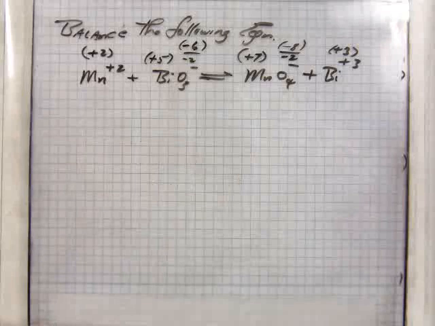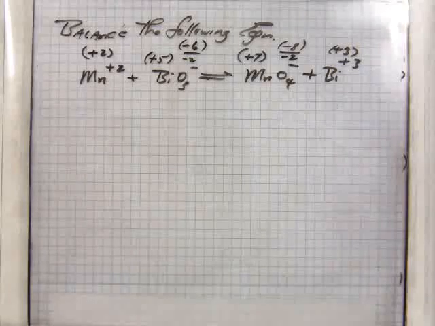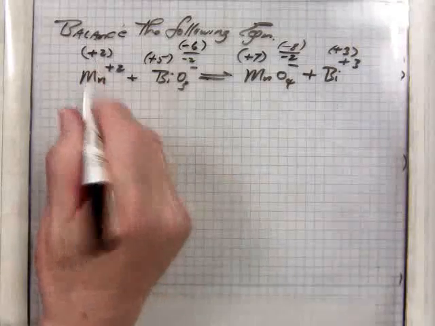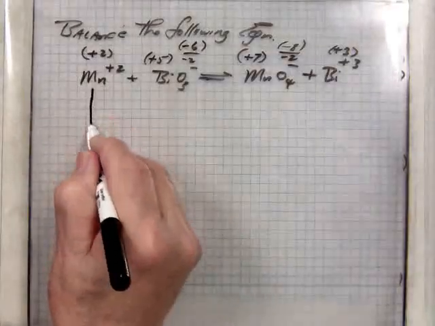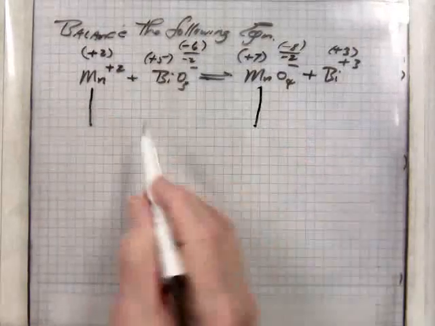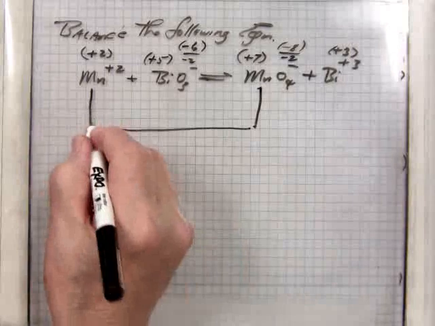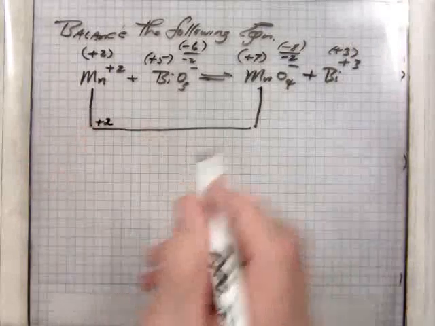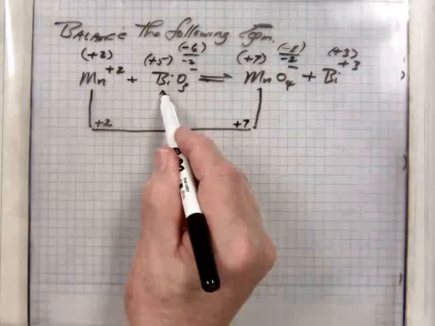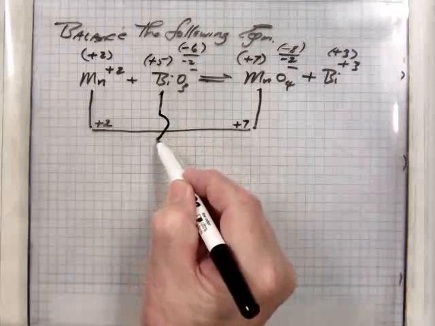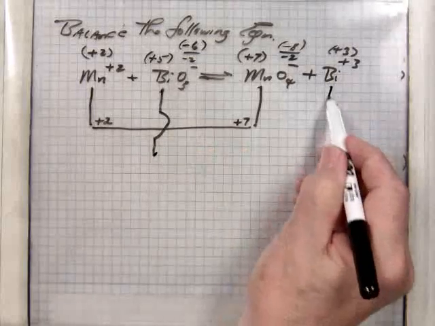Now, like I showed you in the notation when I was defining the different parts of the oxidation reduction reaction, I will look for what has undergone changes in oxidation state. Determine change per atom is what it's showing here. So manganese is undergoing a change, and I'll make a bracket for that one, going to a +7. And then bismuth is going from a +5 to a +3.